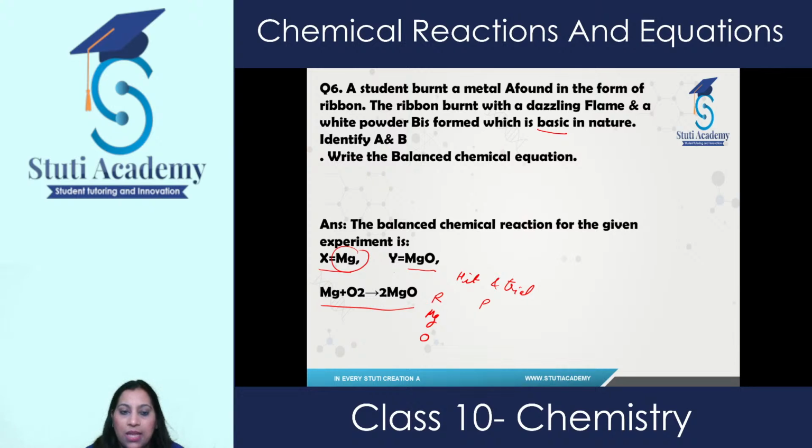Now let's see, if we look at the reactant side, magnesium is 1 in number, but on the product side it's 2. And look at oxygen, it's 2 in number, and on the product side it's 2 in number. If you remember, I told you this subscript represents the number of atoms. So this 2 is applicable to both magnesium as well as oxygen.